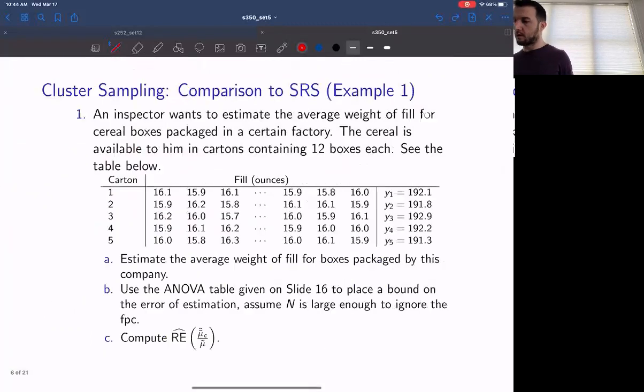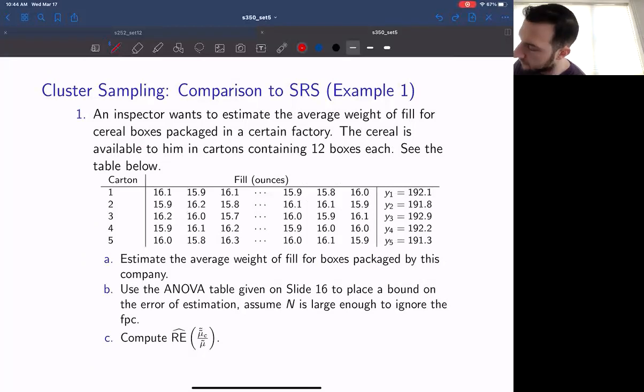Okay. All right, so let's look at an illustration of these ideas. An inspector wants to estimate the average weight of fill for cereal boxes packaged in a certain factory. The cereal is available to him in cartons containing 12 boxes each. See the table below. So we have 5 cartons, 12 boxes per carton, and we have the little yi for each of the different cartons. So that's going to be our variable of interest.